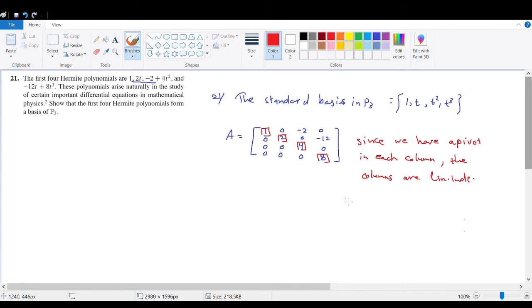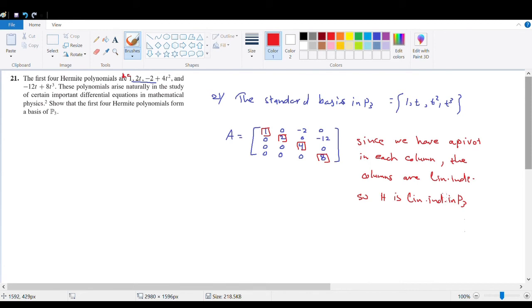So if we call this set H, then H is linearly independent in P3.